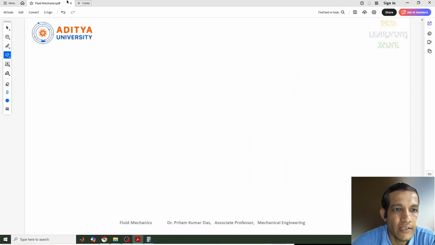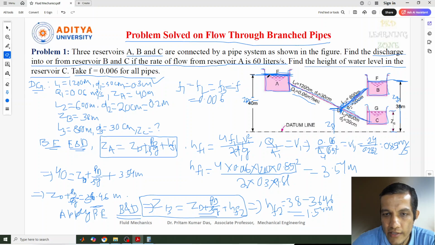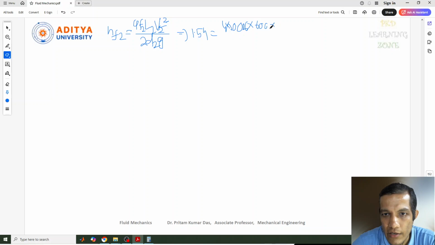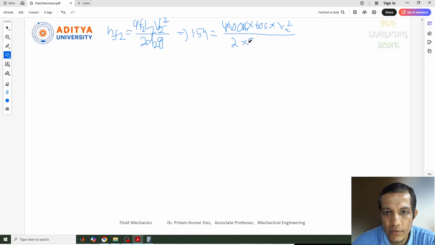So what I'll do here is write the formula HF2 equal to 4 F2 L2 V2 square by 2 D2 g. So I can write 1.54 as the HF value, and here 4 into 0.006 into the length, 600, into V2 square, by 2 into diameter 2, 20 centimeter, so 0.2 into 9.81.